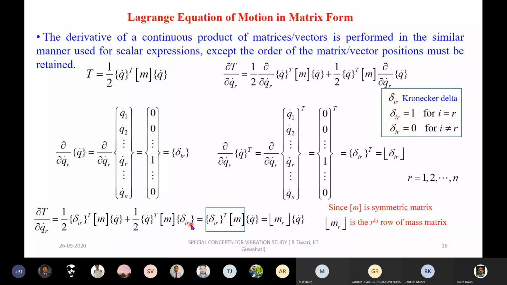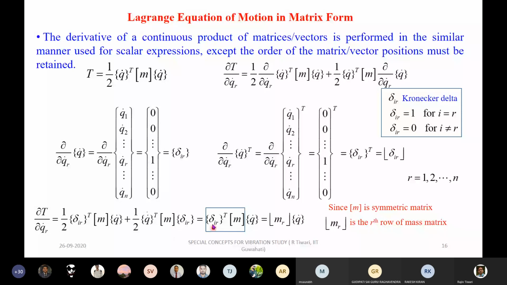So I'm taking one of them, that means the first one. This is valid when the mass matrix is symmetric, and that's why we have systems in which most of the time the mass matrix and stiffness matrix are symmetric. Otherwise, we cannot perform this. So we added and got this term.